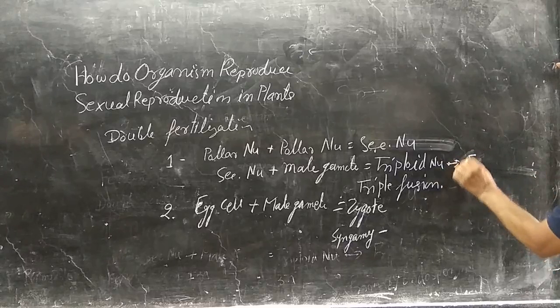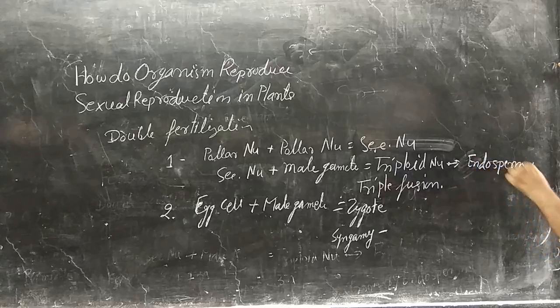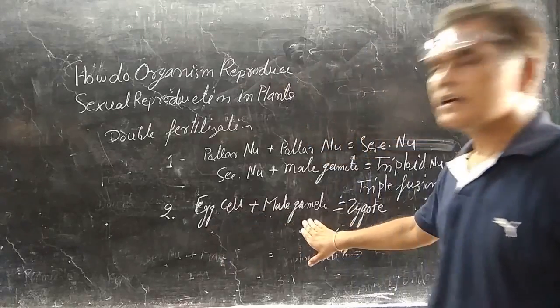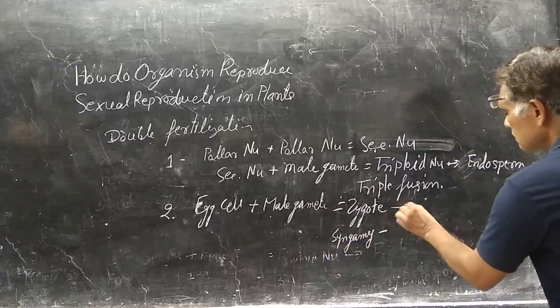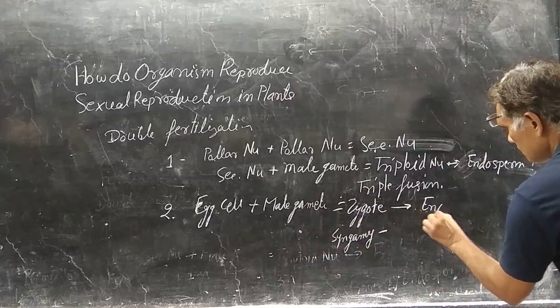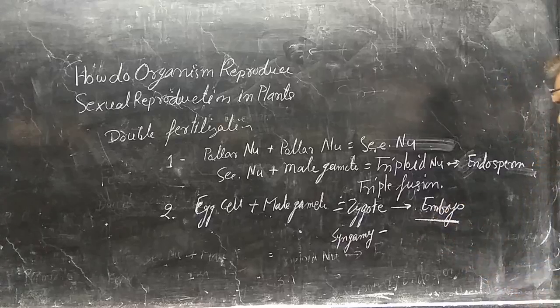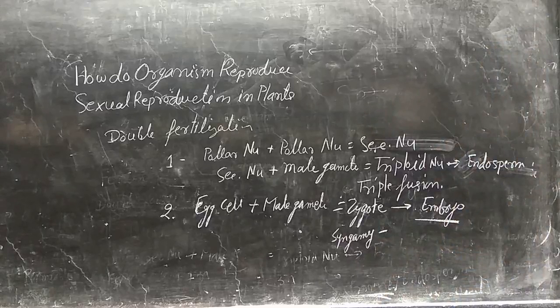The egg cell is fertilized with the other male gamete to form a zygote, and the zygote develops into the embryo. This process is known as syngamy.